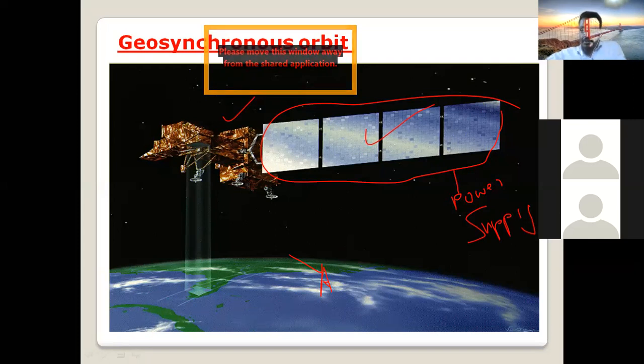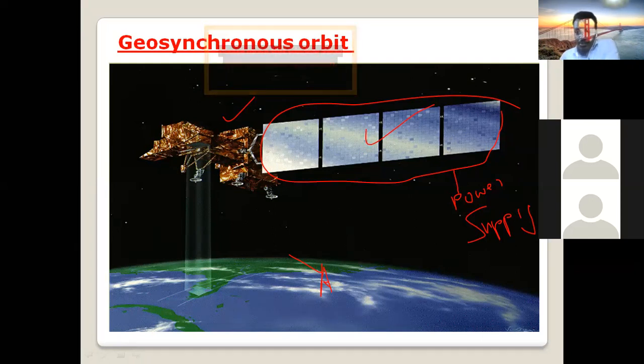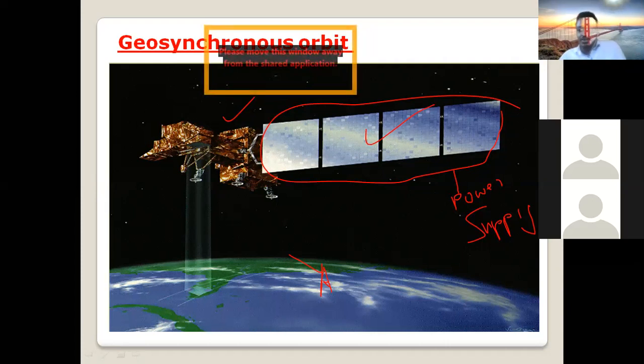Okay, so this space segment consists of 2 parts. What is the first part? We call it payload. Payload means our transponder, our antenna. We classify these as payloads. They are used for giving communication service from one Earth station to another station. That's their purpose. These equipments are categorized under payload.